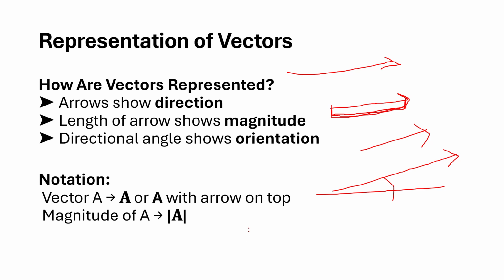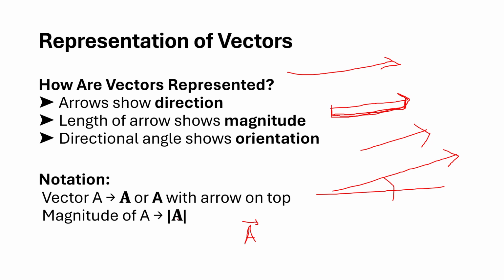Or we can also write the vector with an arrow on its top. Here we have A. Any vector must be bold or have an arrow on top, and the magnitude of the vector is represented by having the absolute bars on both sides of the vector.